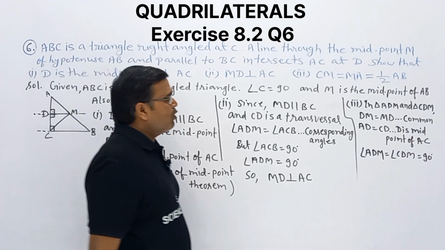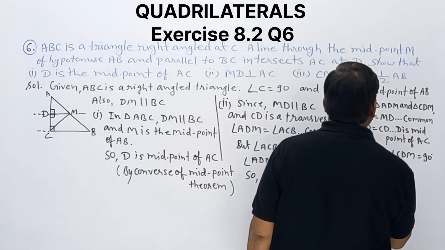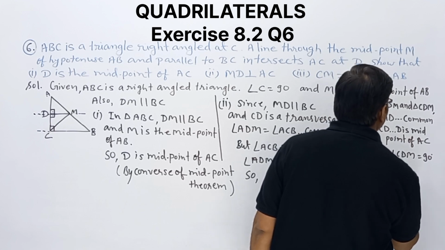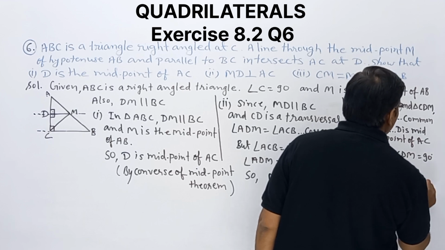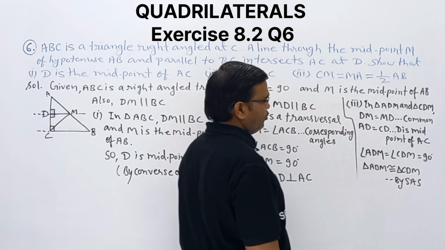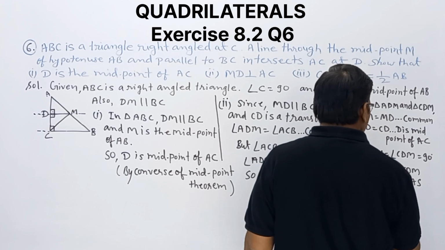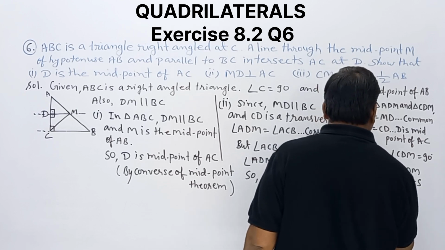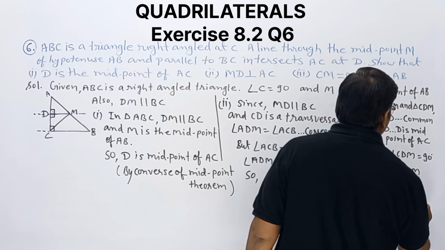So three things of these two triangles we equate. So what can we say? Triangle ADM is congruent to triangle CDM by the side angle side congruence rule. So we can say AM equal to CM by CPCT.